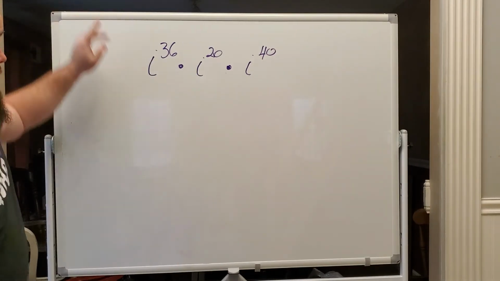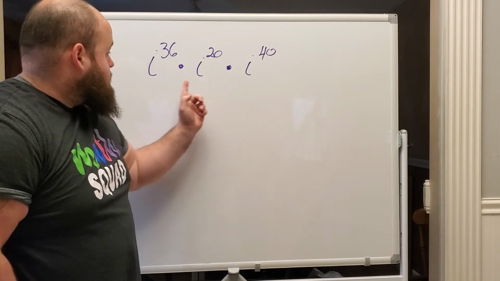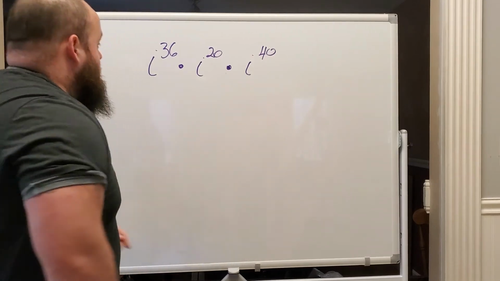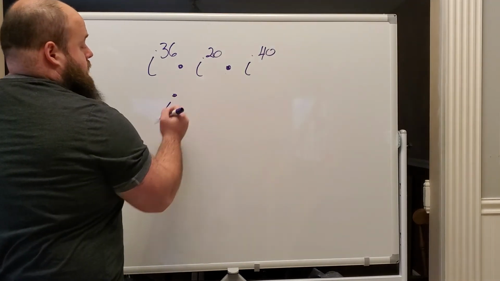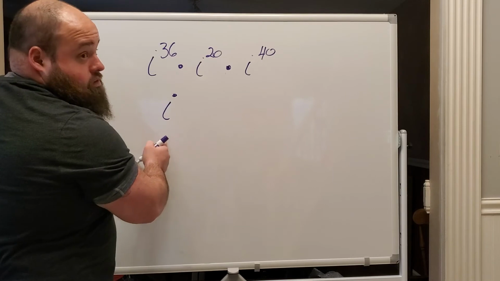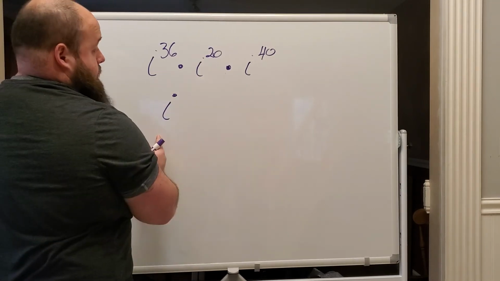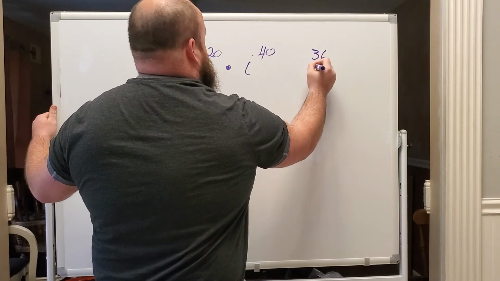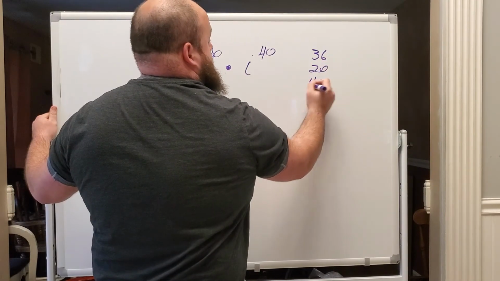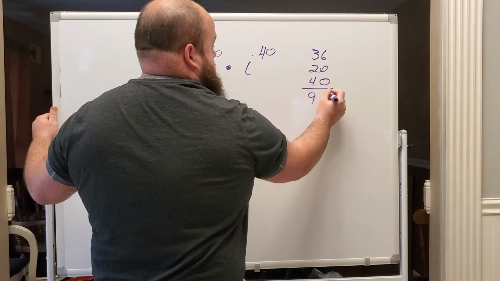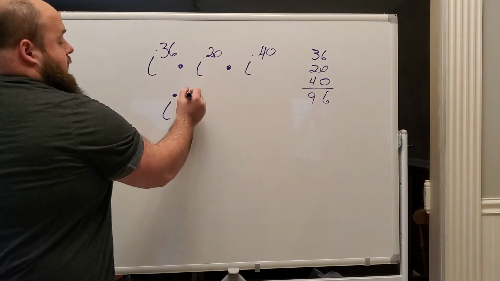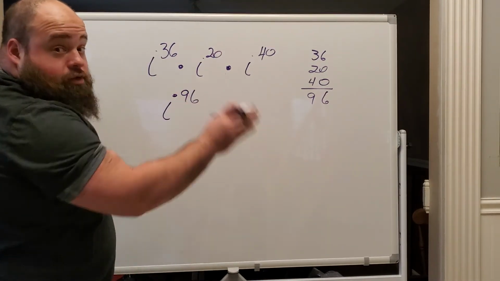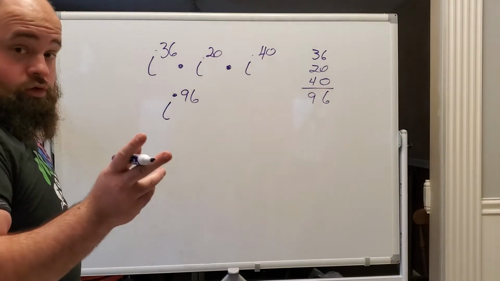Because this is multiplication and I have the same base for all three, laws of exponents says I'm allowed to rewrite the base and add all of these exponents together. What does that give you? 96, I think. Now this just looks like the other side of the board. I can follow those 2 steps that I gave you.